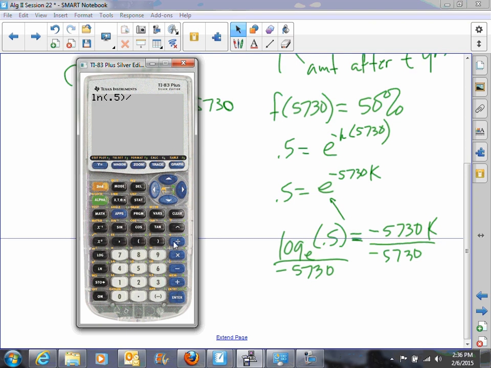Now we're going to divide that by negative 5730, and we get this number. Look at the end, we have 1.20968, etc. E negative 4. That's scientific calculator speak for scientific notation, which means times 10 to the negative 4.